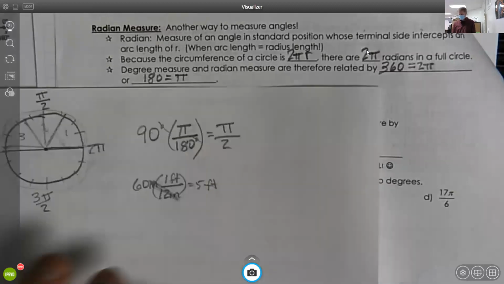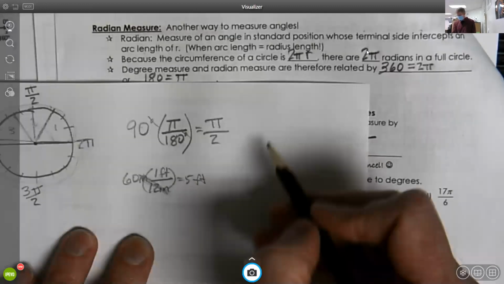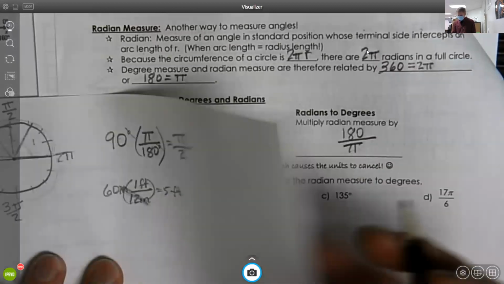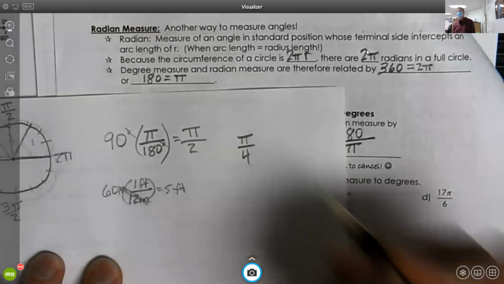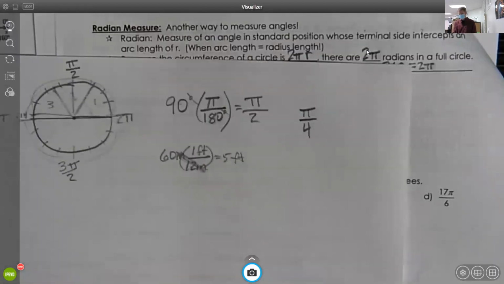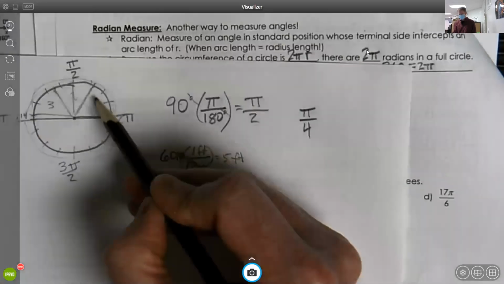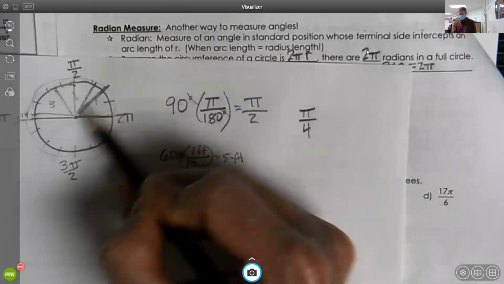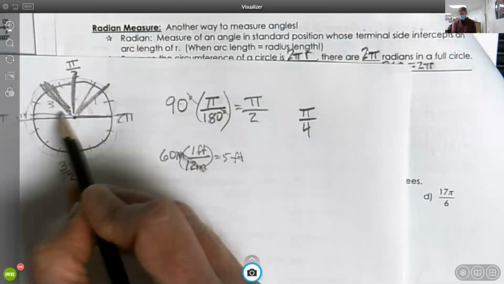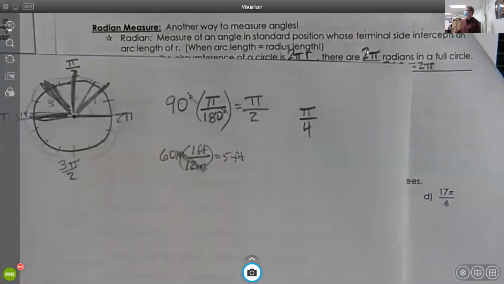If you want to take a radian, so pi over 4, what is pi over 4? If you take this pi and you break it into 4 equal amounts, what is each one of those going to be?